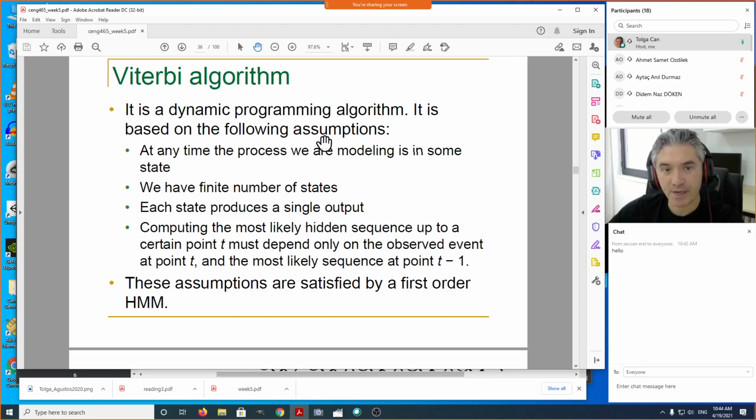It's a dynamic programming algorithm, meaning that the solution is provided by using a smaller instance. It's a recursive solution, by the way. Dynamic programming means that the recursive solution is provided, but it is not implemented recursively, because if we implement it recursively, it's going to have exponential time complexity. Instead, we implement it as table filling.